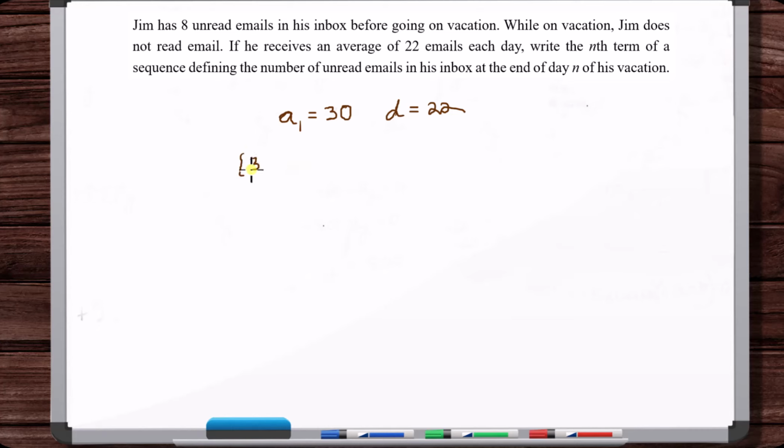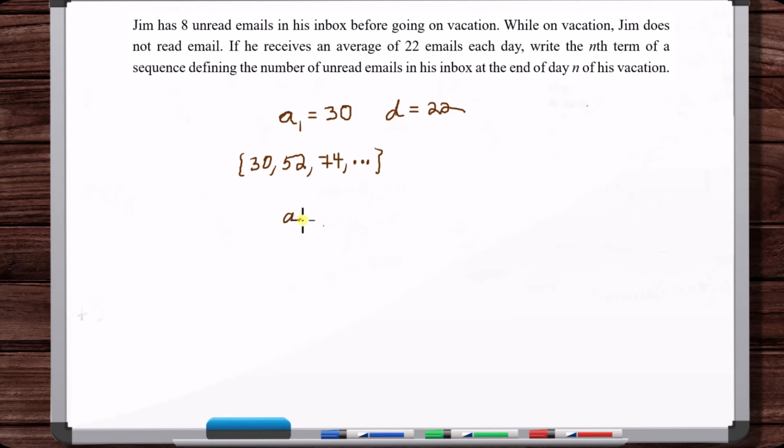At the end of the first day, it's 30. At the end of the second day, it's 30 plus 22. At the end of the third day, it's 52 plus 22. Right? This is just a sequence.